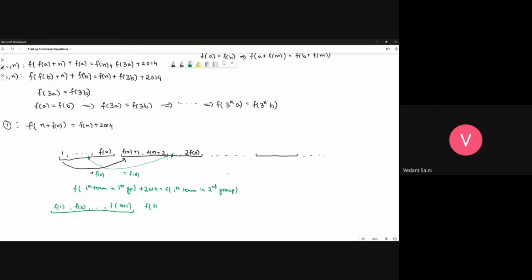Then you continue with the f's of the elements in the second group, and the third group.